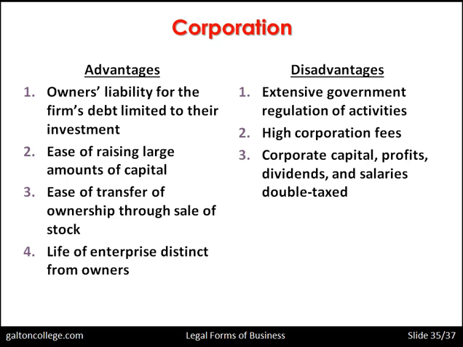Corporate capital, profits, dividends and salaries tend to be double taxed in the sense that the company may pay tax on, let's say, its profits, and then issue dividends to its shareholders, who then have to pay a private tax on top of that.